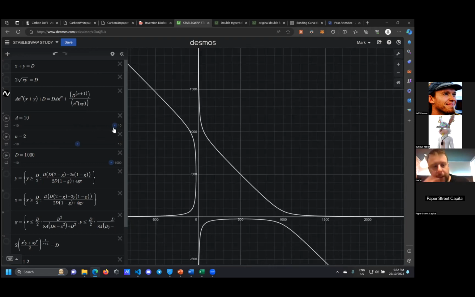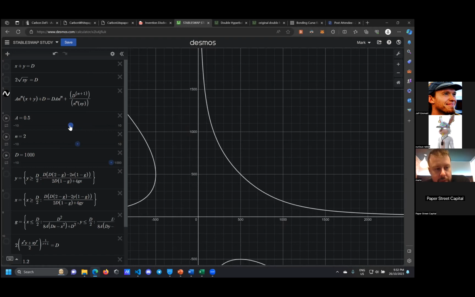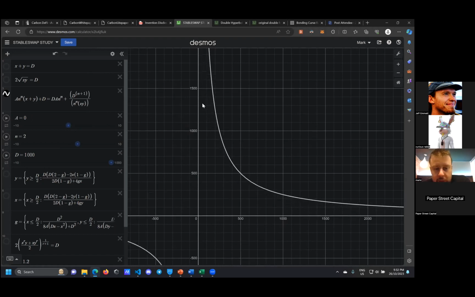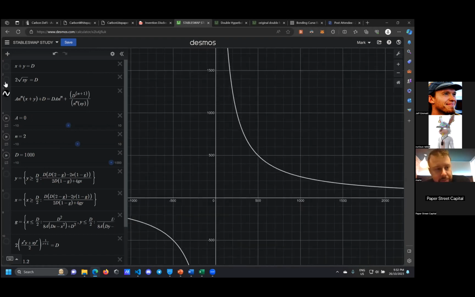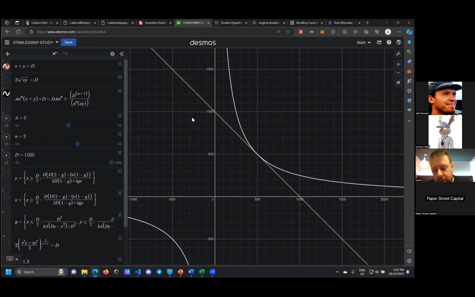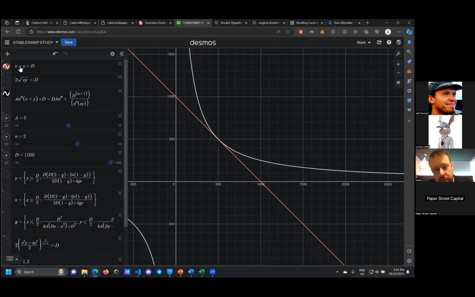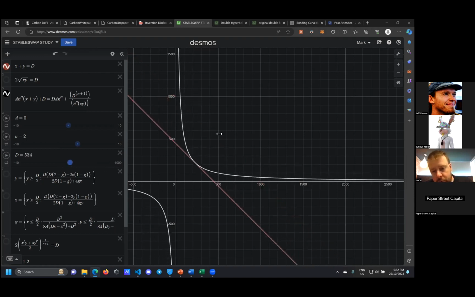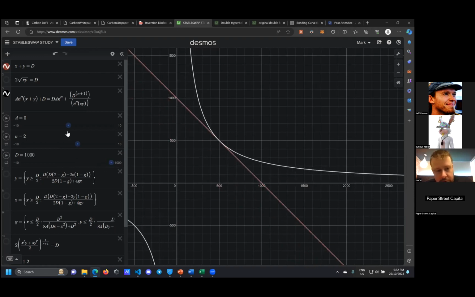Okay, so maybe there's another way that we can have a look at that transformation. The first one is to have a look at where the constant sum curve is. So x plus y is equal to D. Again, I can show you that as we move D around, we're also going to be moving that constant sum line around.